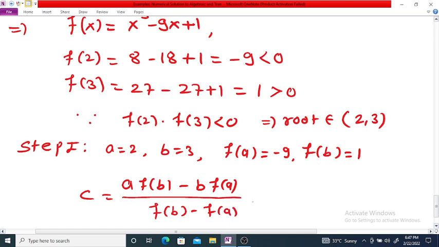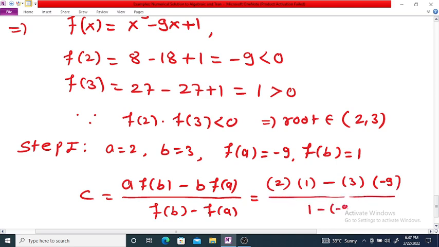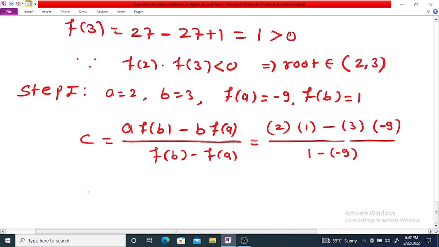So it is equal to 2 into 1 minus 3 into minus 9, divided by 1 minus minus 9. If we simplify this, the value of c is equal to 2.9.